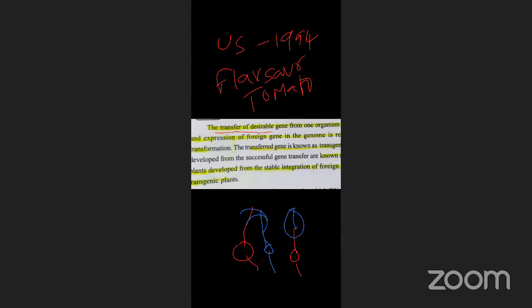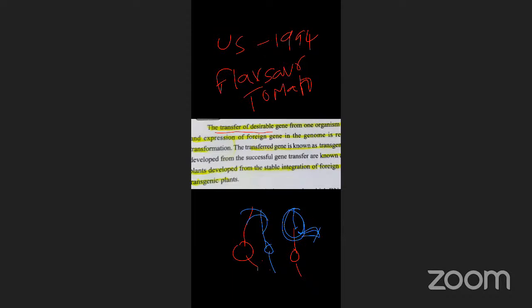So this is the recombinant form. It is very difficult to identify the desired gene in this combination. We are unable to decide whether it is the desired gene or an undesired gene.